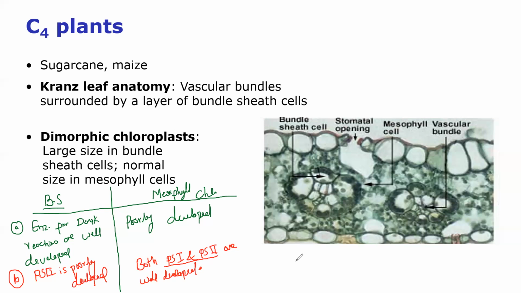If PS2 is poorly developed, then what we can say is that this is concerned only with cyclic phosphorylation, because you know very well that in case of cyclic, only PS1 was involved, PS2 was not involved. So what we can say is that in the bundle sheath, cyclic phosphorylation mainly occurs. Okay. But if you talk about the mesophyll, we can say it's the non-cyclic.